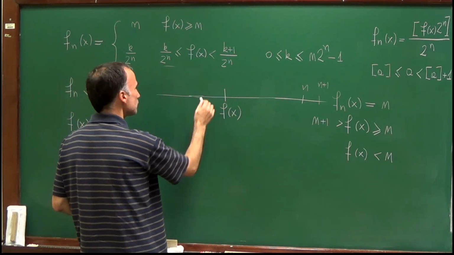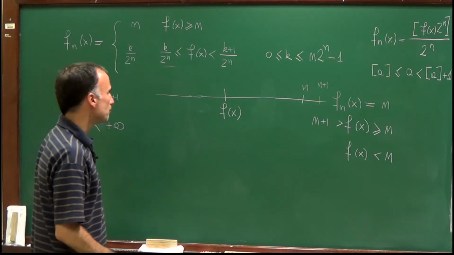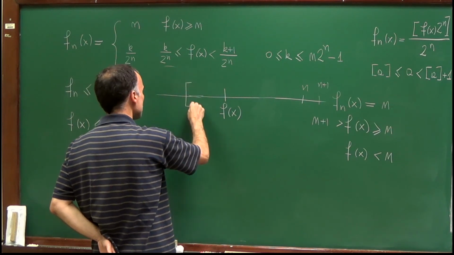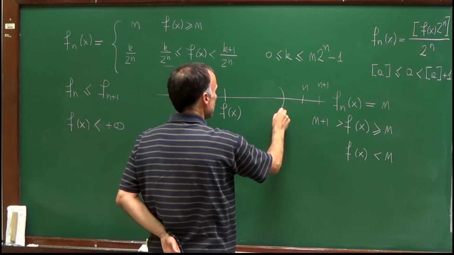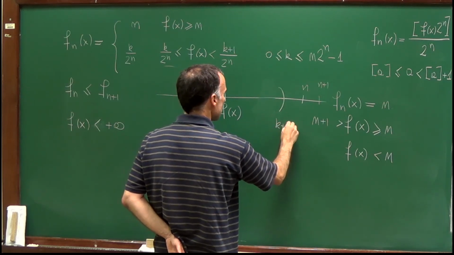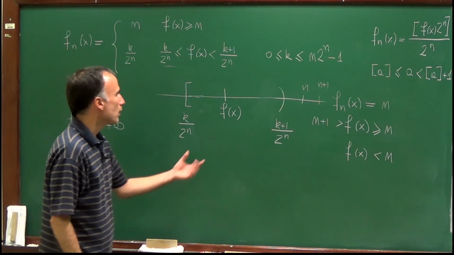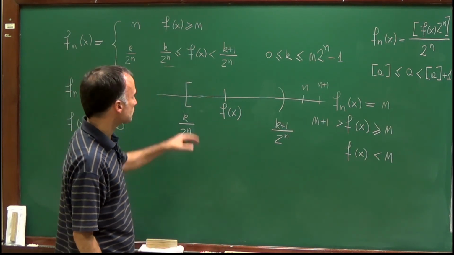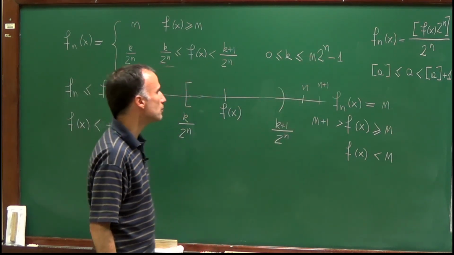And first I will draw a picture and then I will give a proof. So the picture is as follows. Well, let's consider the integer k. So here's k divided by 2^n, and here's k plus 1 divided by 2 to the power n. So f of x belongs to one of these intervals for some k between 0 and n times 2^n minus 1.